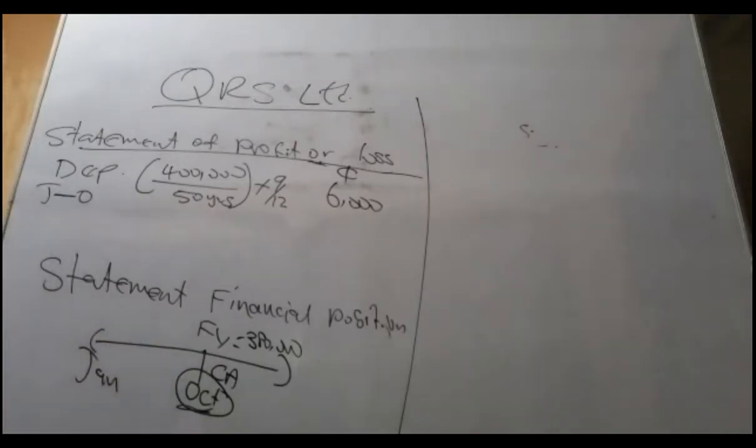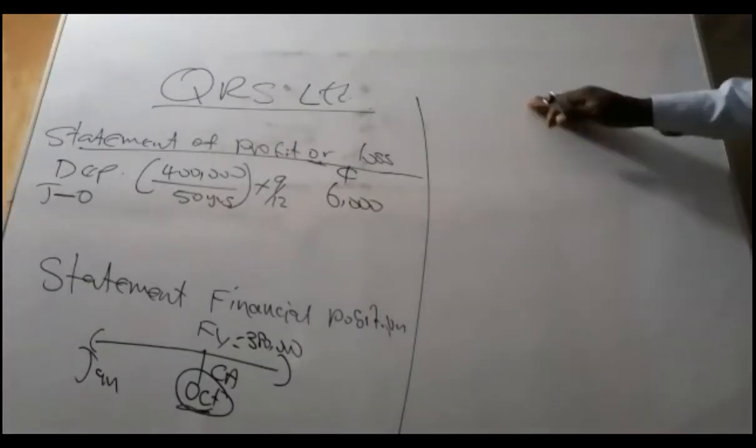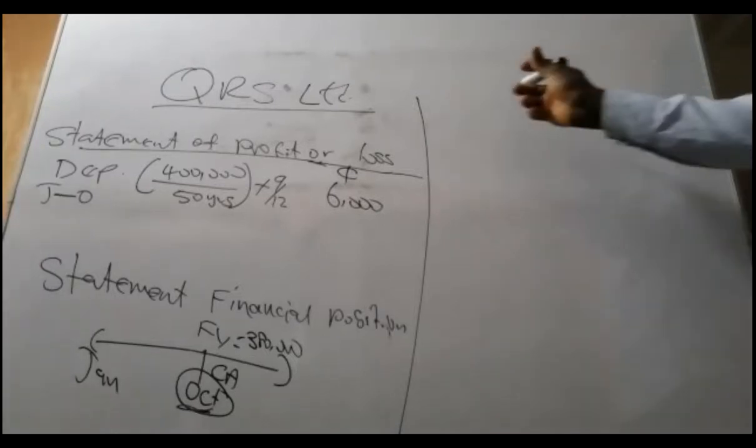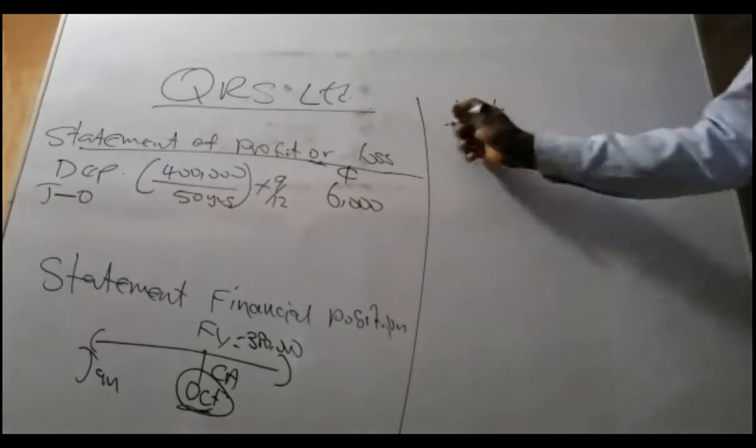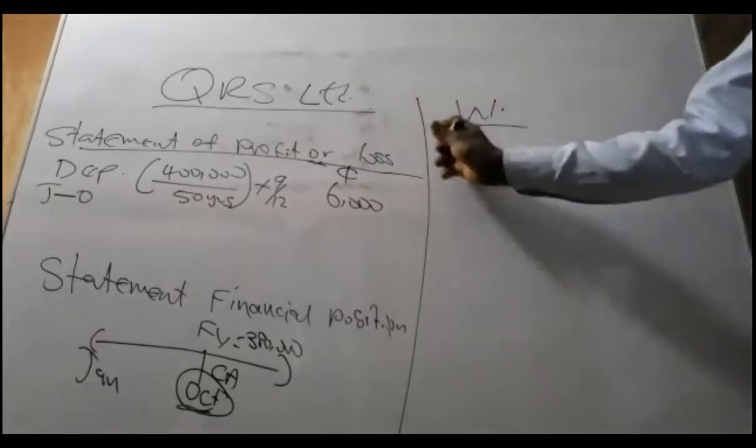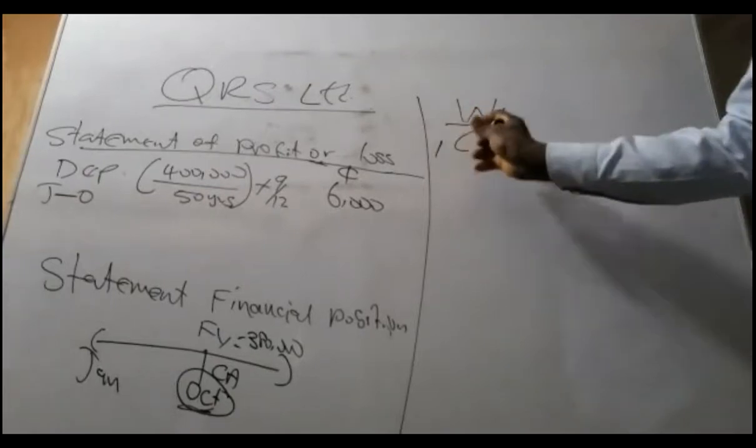That is the next step. So let's go to the other side. So carrying amount, then we compare to the fair value, then we have the profit or loss. So to get the carrying amount, let's bring the cost. So first workings, number one, carrying amount of the asset.